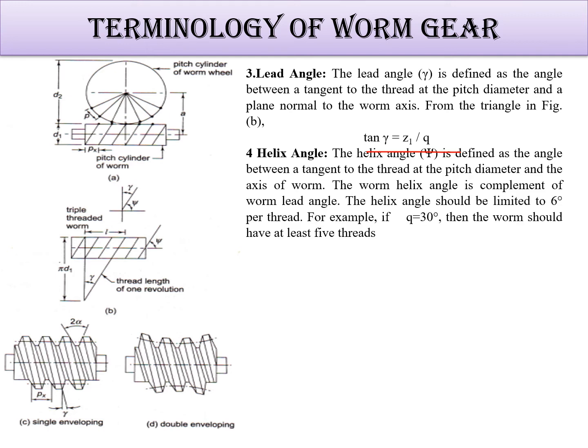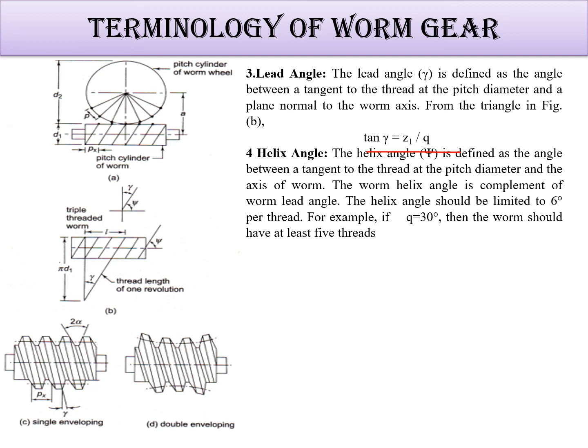Now the helix angle is very important because this screw has a helical profile, which is the threaded part. The helix angle is psi, shown here. It is the angle between the projected tooth profile and the center line.